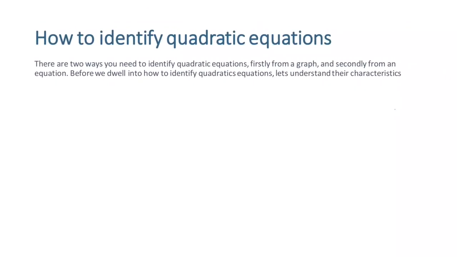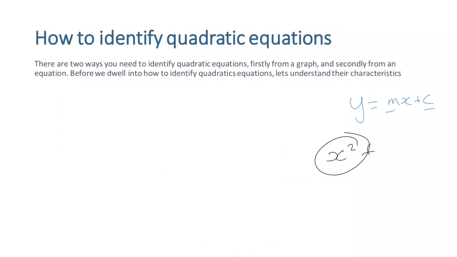You should be used to the equation of a line, which is y equals mx plus c, where m is the gradient and c is the point where it passes the y-axis. Now, if you see an equation in your exam which has x squared plus something, this x squared makes it a quadratic equation.